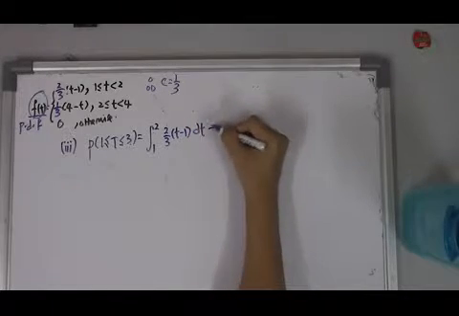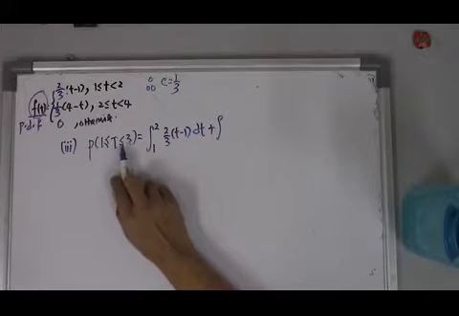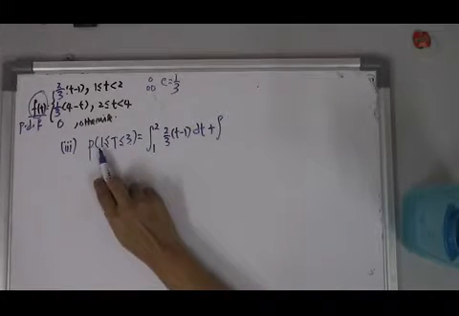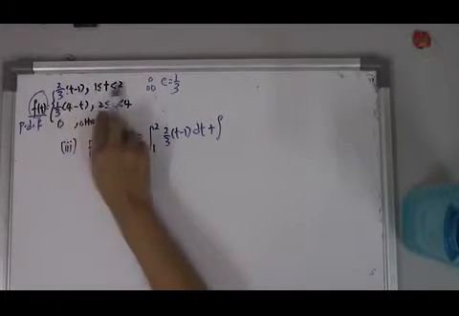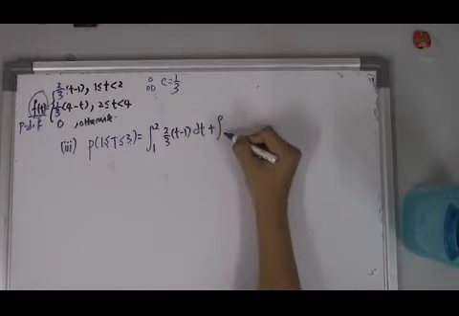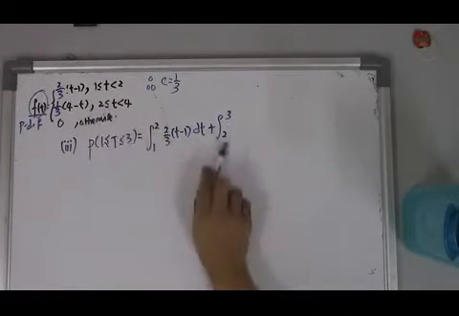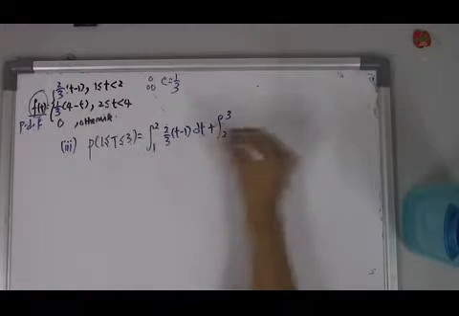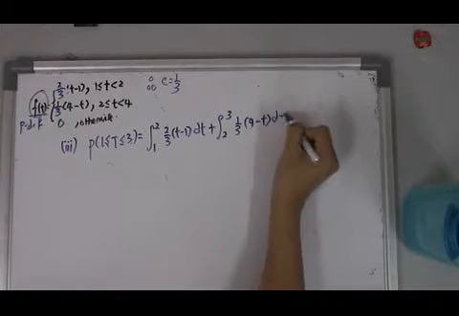Later you add again, because it's still up to 3. First you break it, becoming 1 to 2, because it's a different function. So 1 to 2 belongs to this one. Then you start from 2 again, up to 3. So 2 to 3 is inside this interval, which will be 1 over 3 times 4 minus t dt.